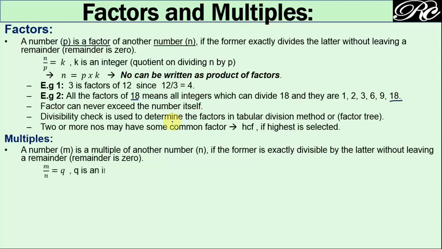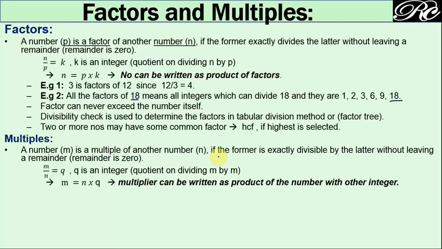Here m is the former and n is the latter. If m is divisible by n, then m is a multiple of n. So if we take the ratio of m to n, it gives another integer. A multiple can be obtained by multiplying the given number with another integer q, which may be 1, 2, 3, 4, any integer.